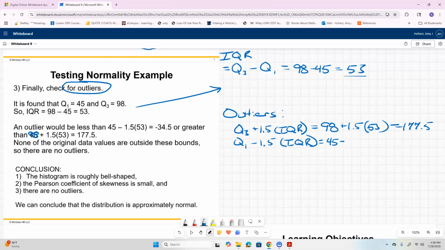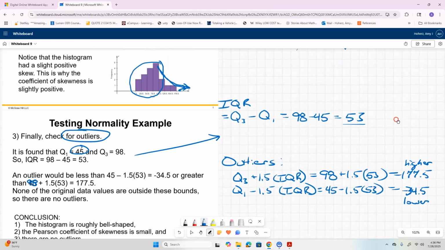So 45, that's the Q1, minus 1.5 times the interquartile range, which comes out to be negative 34.5.